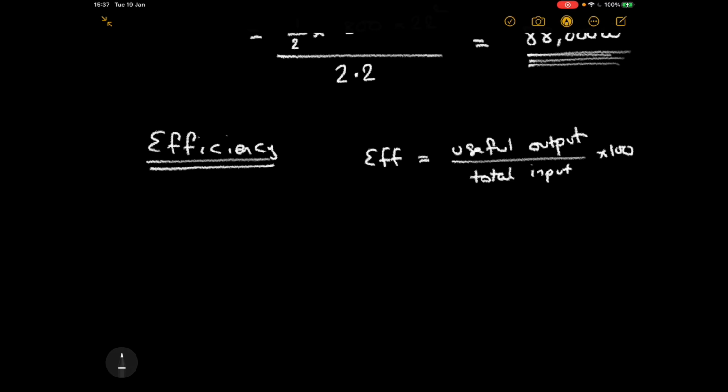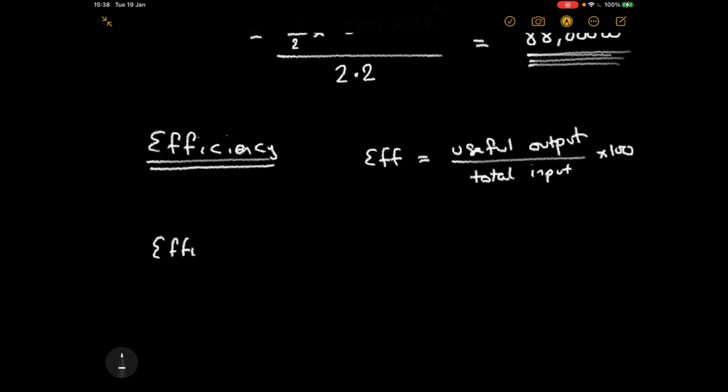And if you want it as a percentage, you multiply by 100. Now, that output and input could be power, or they can be the full amount of energy, because power is just energy per second. So they both work in exactly the same way.